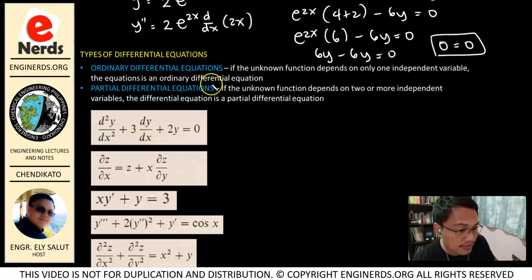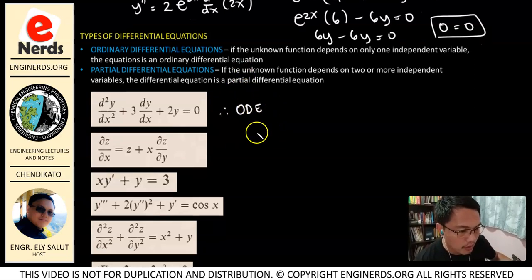So, this is an ordinary differential equation. Okay? So, let me write that in white. Okay? So, this is an ordinary differential equation. So, by the way, in differential equation, if we are talking about ordinary differential equation, we write this as ODE. Okay? Now, is this second given we have here an ordinary differential equation or a partial differential equation?